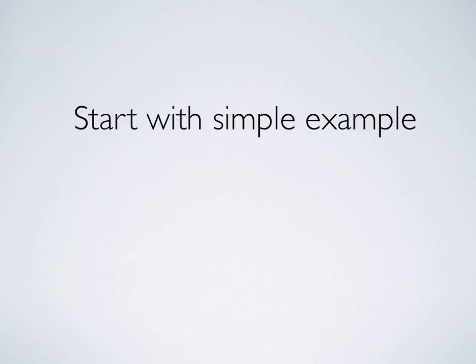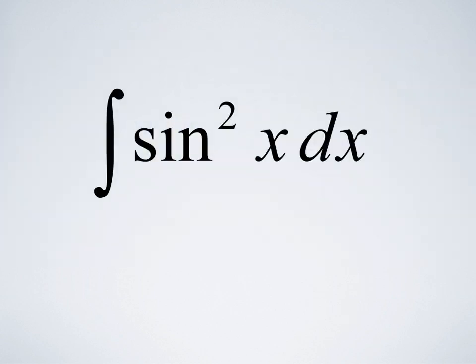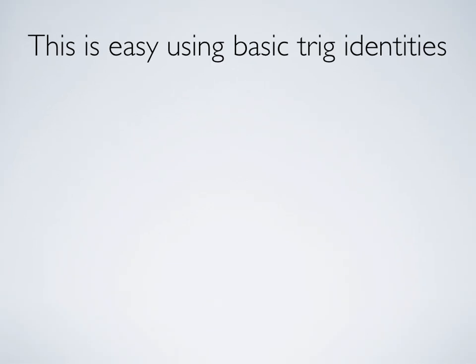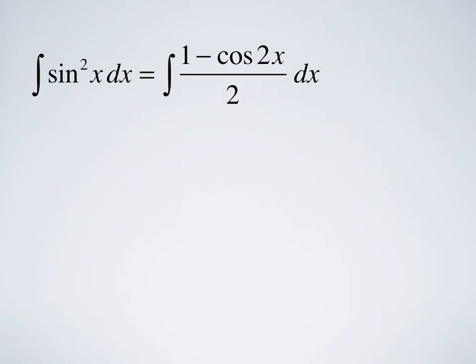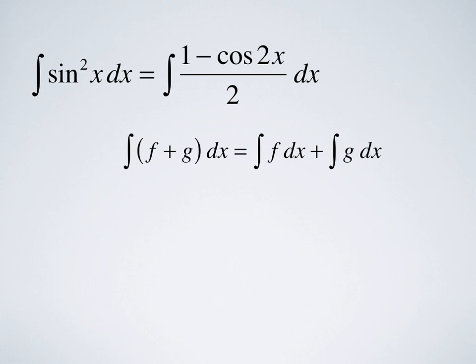So we'll start with the simplest example of all, the integral of sine squared of x dx. This is easy to do using basic trig identities, and we'll call upon sine squared of x is (1 minus cosine 2x) over 2. So we can rewrite the integral of sine squared of x dx as the integral of (1 minus cosine 2x) over 2 dx.